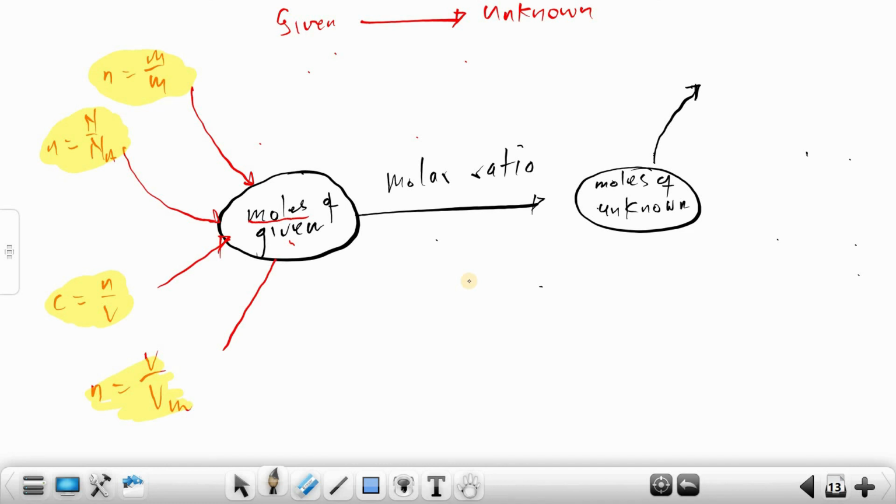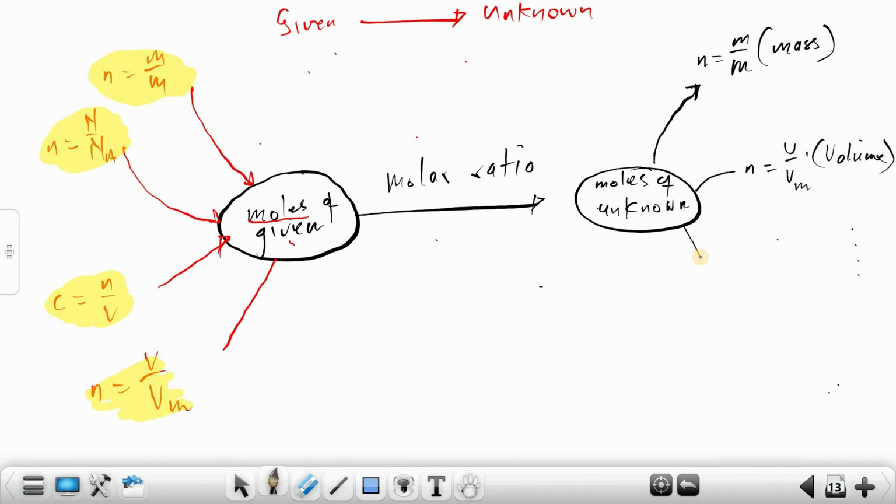So this will say now n is equals to m over M. This is now when I'm expected to calculate the mass. I can further move on. n is equals to V over Vm. Now this is me calculating the volume.